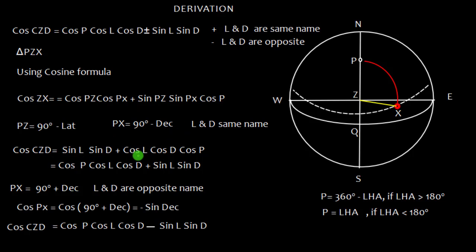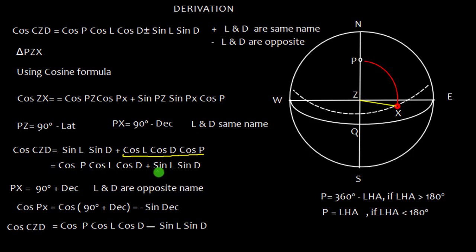Likewise, this sin Pz becomes cos L, and this sin Px becomes cos D, and cos P remains same. So, let's rearrange this, and this term let's write initially. So, we write cos P, cos L, cos D plus sin L, sin D.